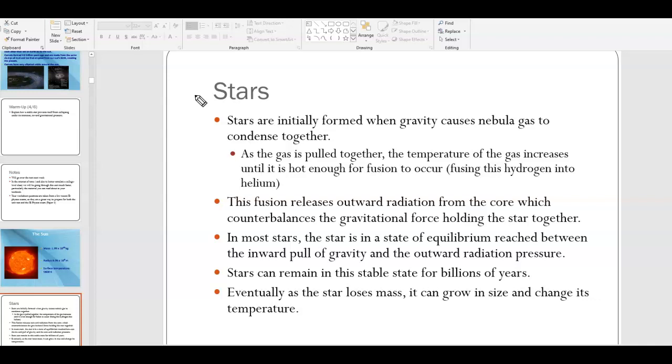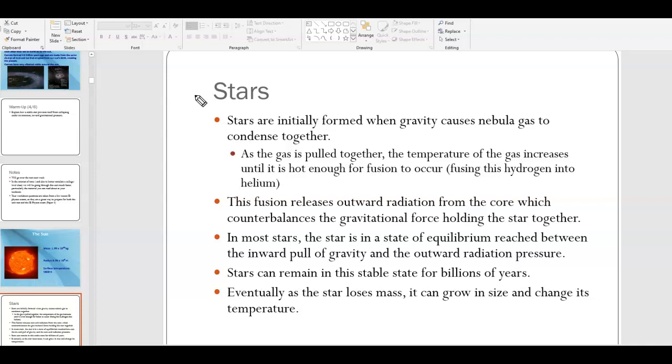So let's say, hypothetically speaking, you have a bunch of nebula gas out there. You have a bunch of hydrogen, maybe some other elements, but primarily hydrogen. Last year we talked about gravity and how gravity is an attractive force that kind of pulls everything together. And so what happens is if you have a giant cloud of hydrogen out in space, gravity is going to pull that gas together.